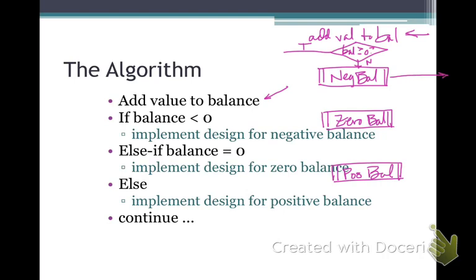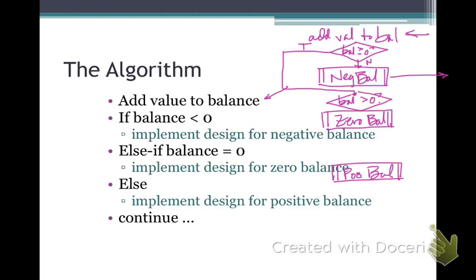Alright, so what if this is true? What if balance is greater than or equal to 0? So it's either positive or it's 0. Let's take that down here where we make another decision, and say, is my balance greater than 0? I'm going to say it that way because the next thing below this is the design for 0 balance.